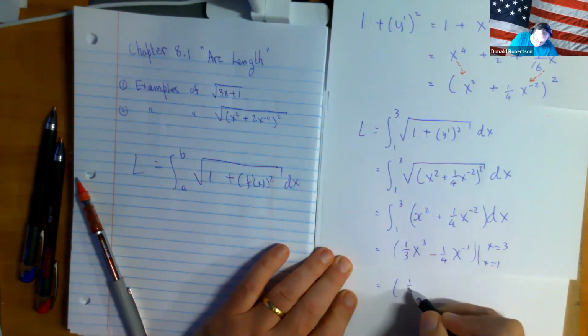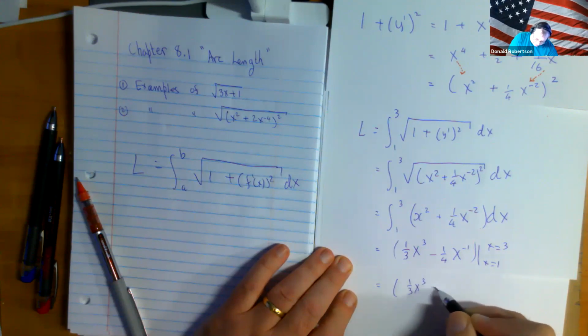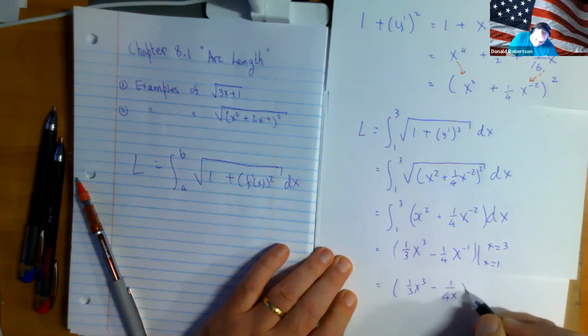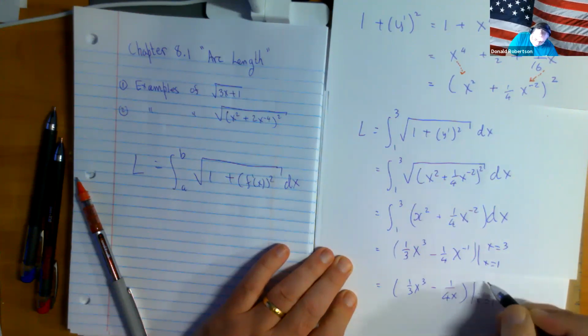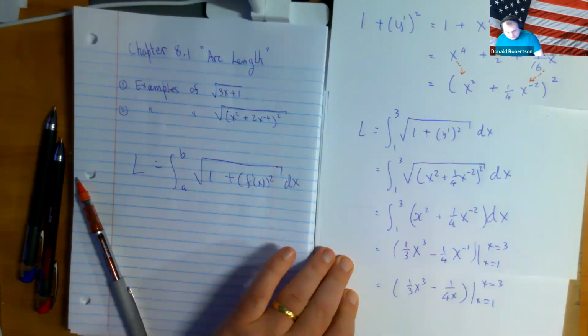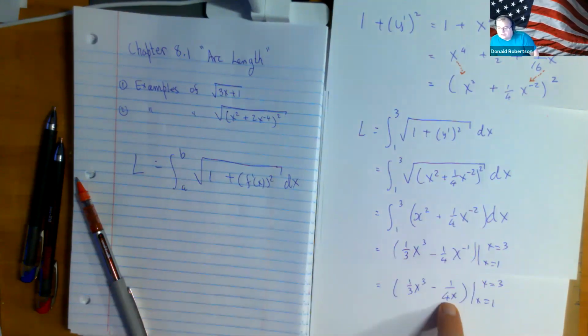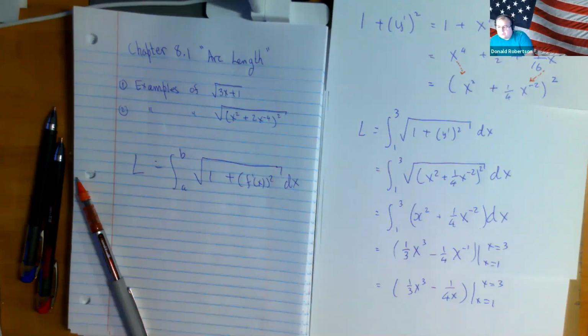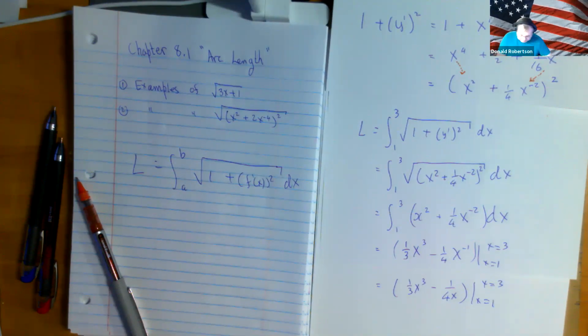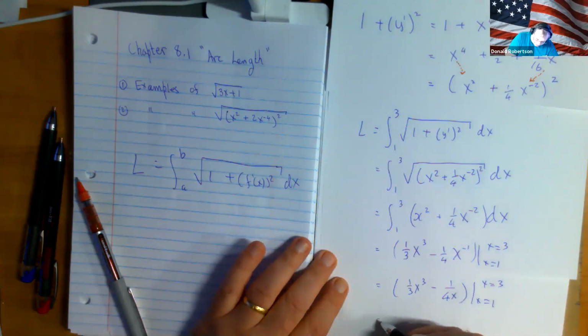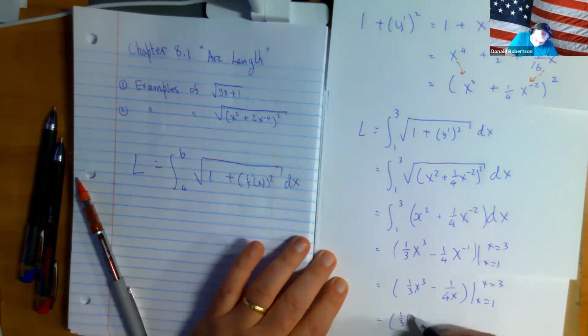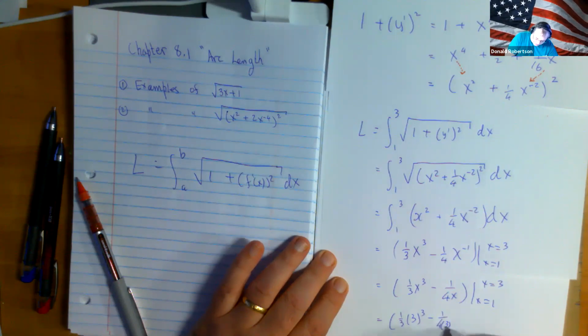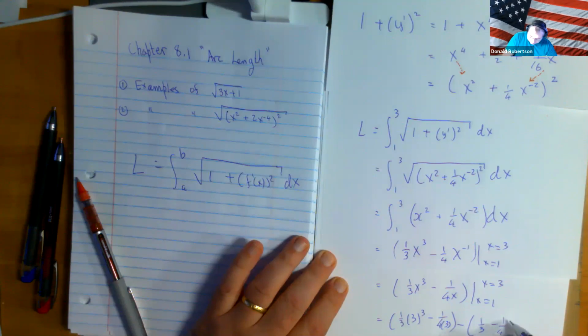I would change the second one from a negative power into a fraction, so that style points first, and so it's easier to get an exact value secondly. Right, you plug in 3 here, what do you get? 1/3 3 cubed, take away 1/4 times 3, minus 1/3, take away 1/4.